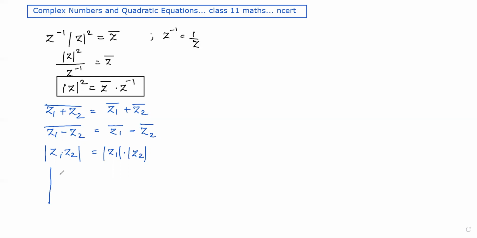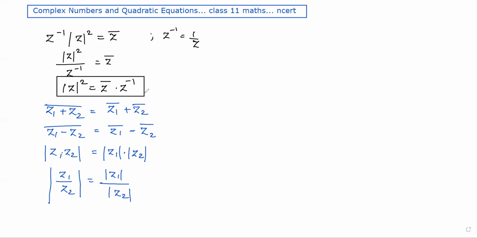The rule also extends to division. Z1 upon Z2 whole modulus is equal to mod of numerator upon mod of denominator.